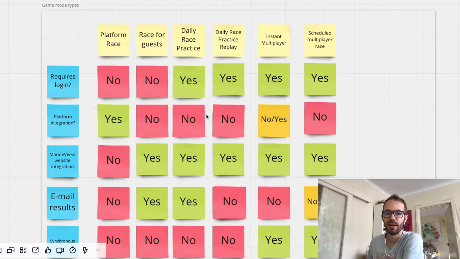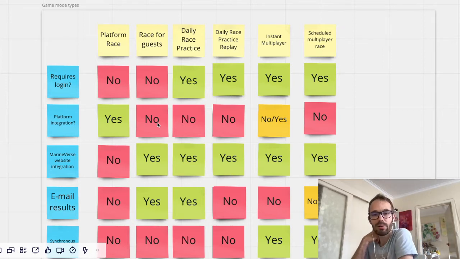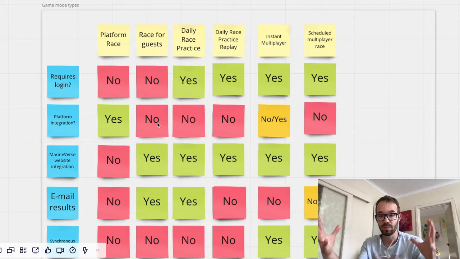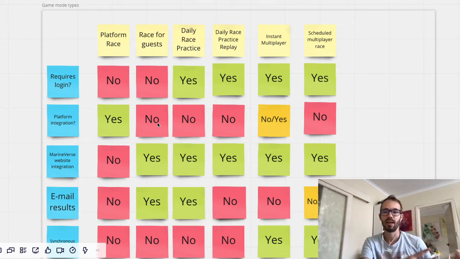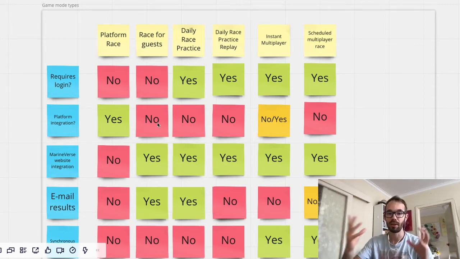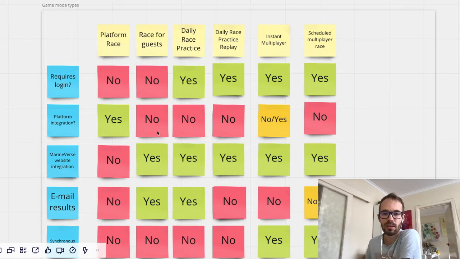All the other modes integrate with the MarineVerse website itself, and they don't really integrate with the platform. And that allows us to do cross-platform. So basically, we can bring the results from Oculus and Steam, and maybe in the future Viveport or Sony players, and we can present them in a unified view, in a unified leaderboard. But to be able to do that, we need to use MarineVerse account identity and not the one provided by the platform.